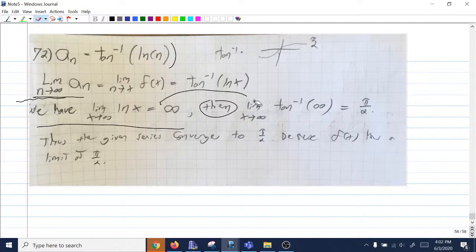I see how they're connected in the problem, but this fact doesn't follow from the fact before it, so I wouldn't use the word then here. I would maybe put and. Thus the given series converges to pi over 2 because f of x has a limit of pi over 2.